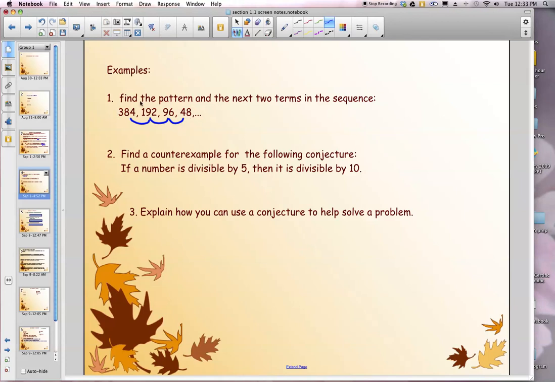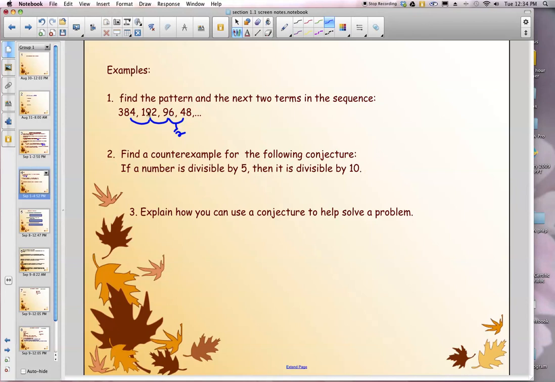Sometimes it's easier not to start with the bigger numbers or the first numbers. Sometimes it's easier to start with small ones. I recognize that 96 is twice as big as 48. So to get from 96 to 48, I know that I had to take half of it or divide by 2. Well, now wait a minute. How does that continue?